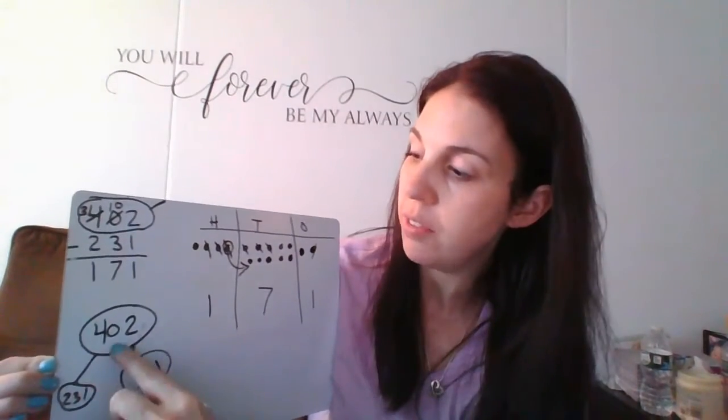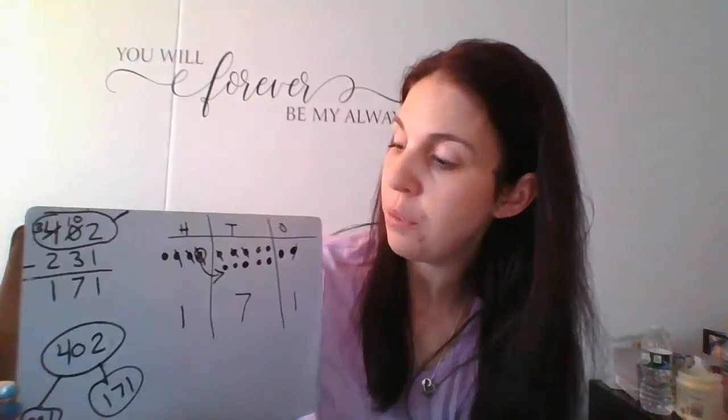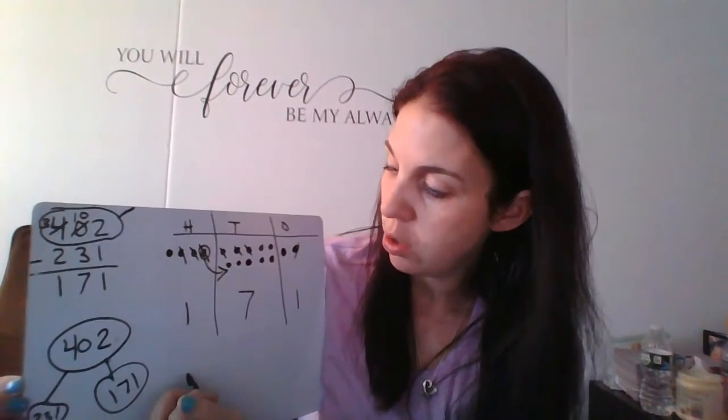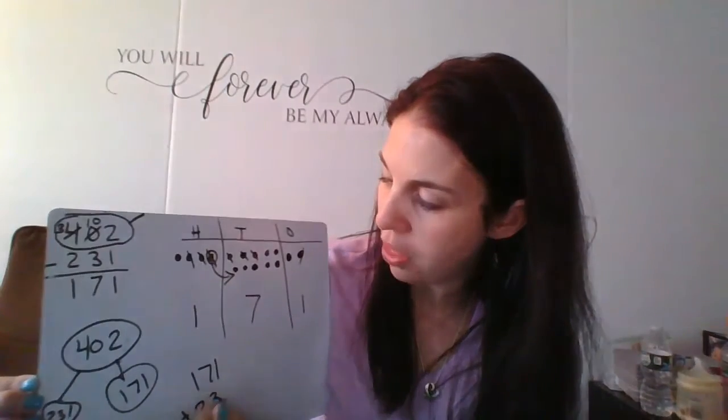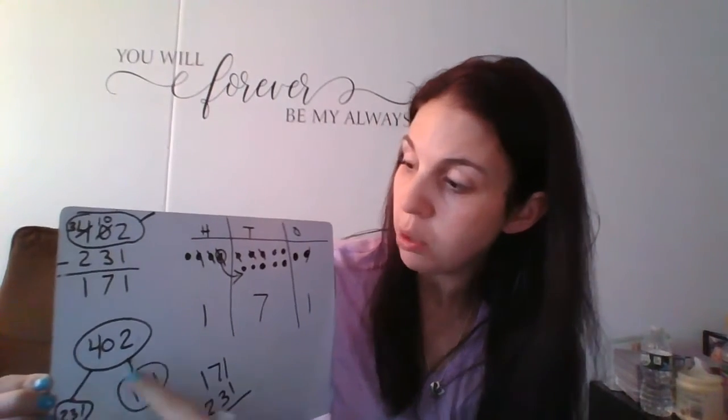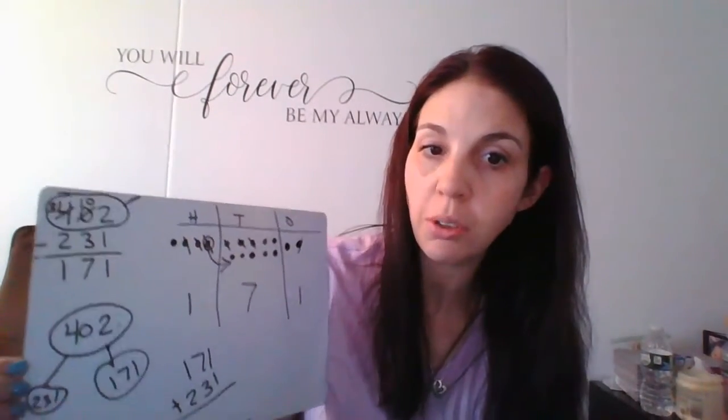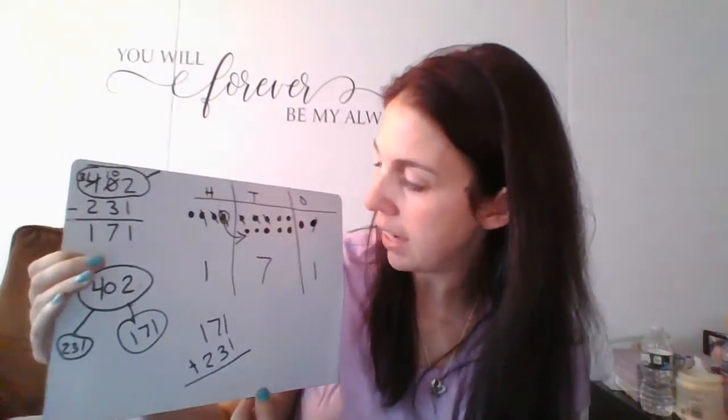These are the two parts of the whole. In order to see if we got this correct, 171 plus 231 should equal 402 if we did our math correctly.